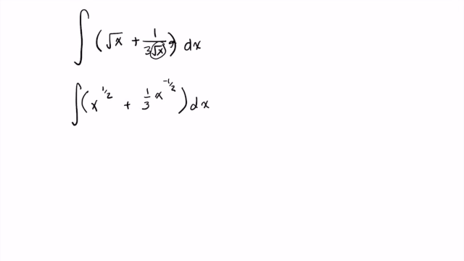So now I'm going to break this down to make it a little bit more understandable, but it'll take a second. Remember, I'm looking at increasing my powers by 1. Well, if I increase 1/2 by 1, I know that that is basically adding 2 over 2. So that gives me 3/2. So my power is now x to the 3/2.